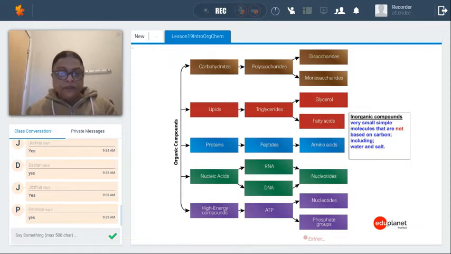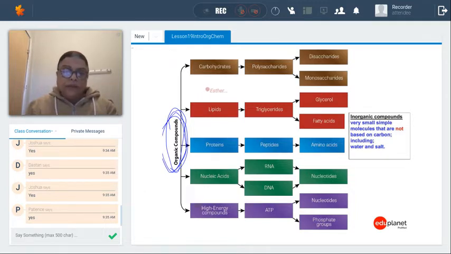Okay, so let's continue. So when you look at organic compounds, we have those that we're going to talk about a lot. They will be the carbohydrates, the sugars, the fats, the lipids, the proteins, the RNA and DNA, the nucleic acids, and we will talk a lot about ATP.